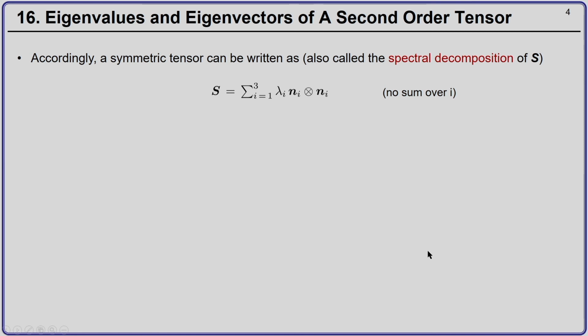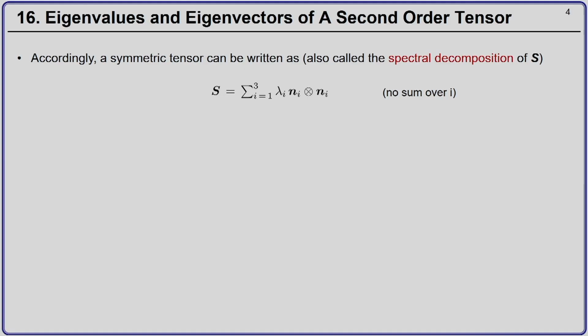Once you have the eigenvalues and eigenvectors, you can express a symmetric tensor S in terms of them, and this is called the spectral decomposition of the symmetric tensor S. It is given by the following equation: S is given by the summation over i equal to 1 to 3 of lambda i, n i tensor product n i.